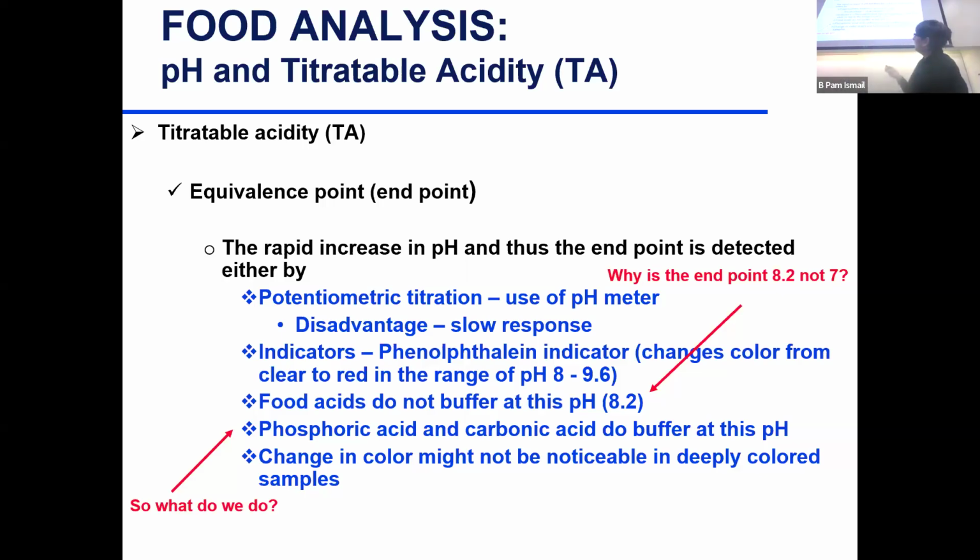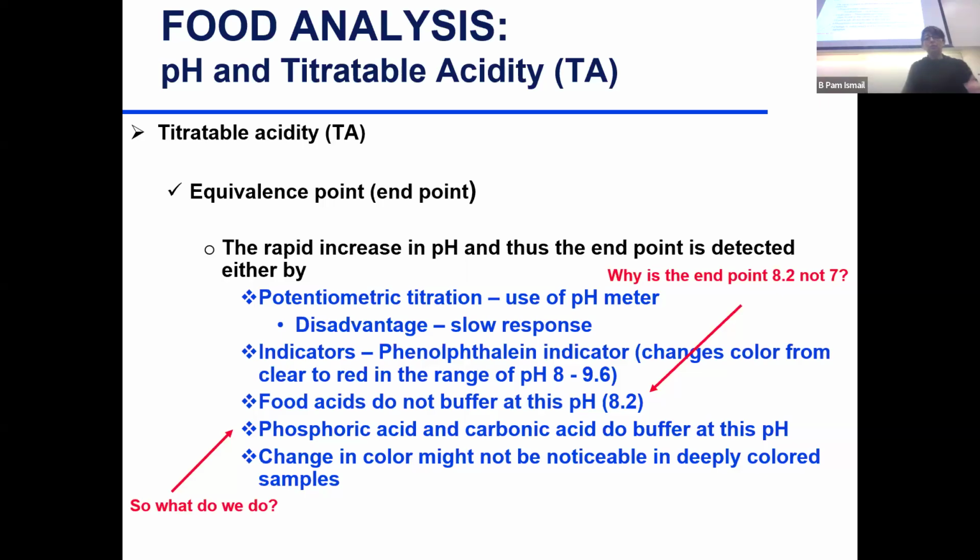However, phosphoric acid that is added, and carbonic acid that forms from CO2 and water, buffer around that pH. That's why you overshot your titration in lab when you did not boil off the CO2. Every time you reach the end point, it buffers, and then you continue adding, so you overshoot.